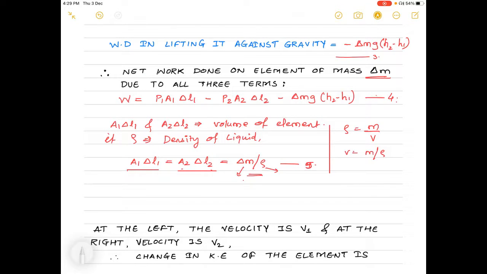So the volume of the liquid element will remain constant. So A1 delta L1 is equal to A2 delta L2, which is equal to delta M by rho. This is equation number 5.